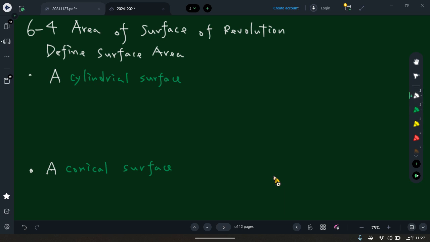For the cylindrical surface, it's just like this, x, y.